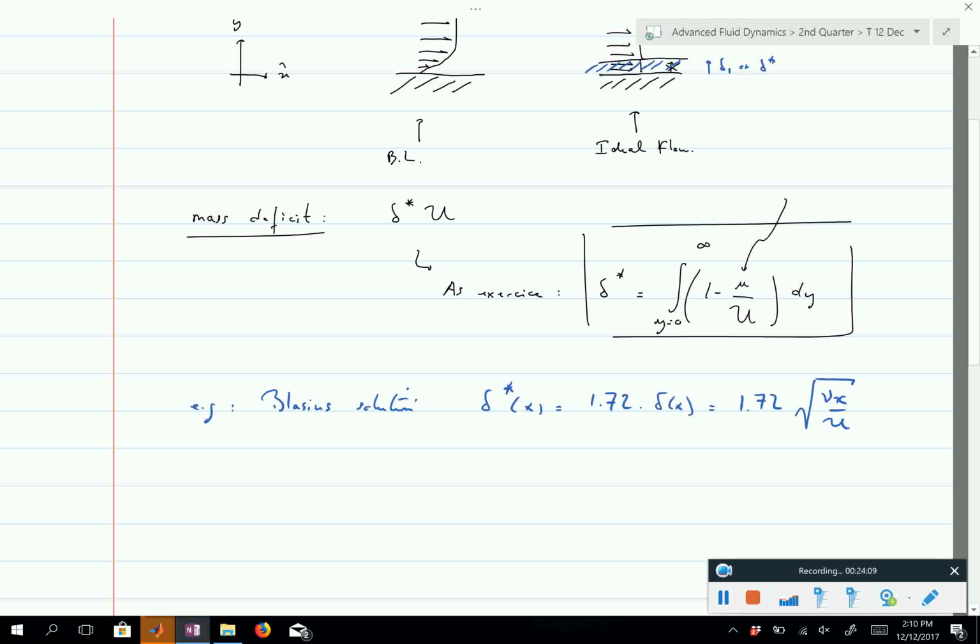So this is as an exercise. Verify the 1.72 from the MATLAB routine.